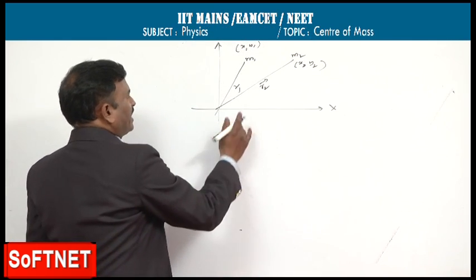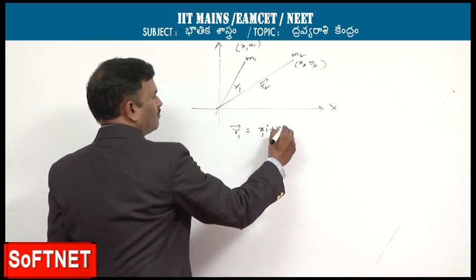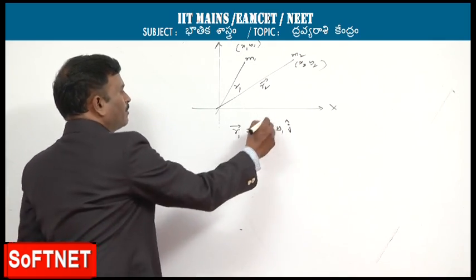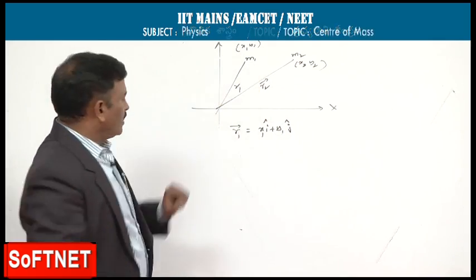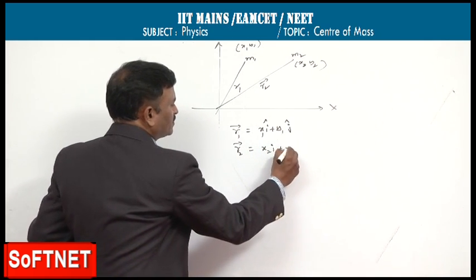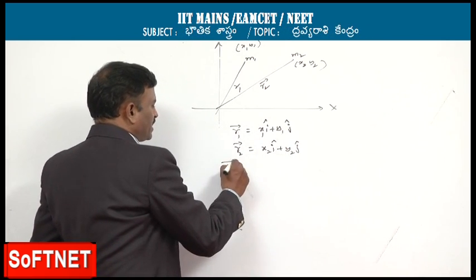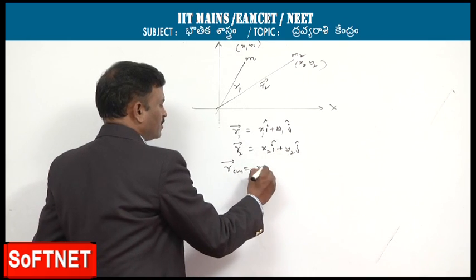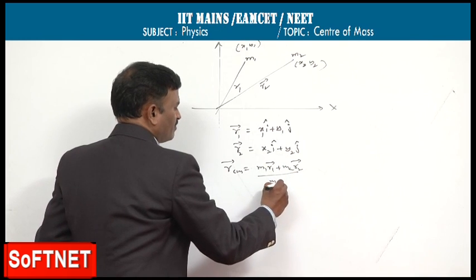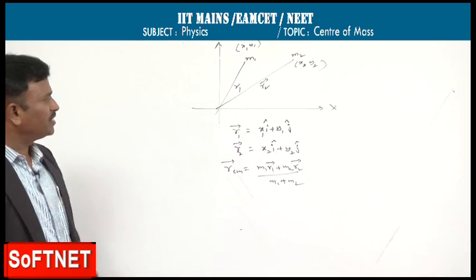Then we can write r1 is equal to x1 i plus y1 j, the position vector of the first particle. Next, the position vector of the second particle can be taken as x2 i plus y2 j. Next, RCM can be taken as m1 r1 plus m2 r2 by m1 plus m2.